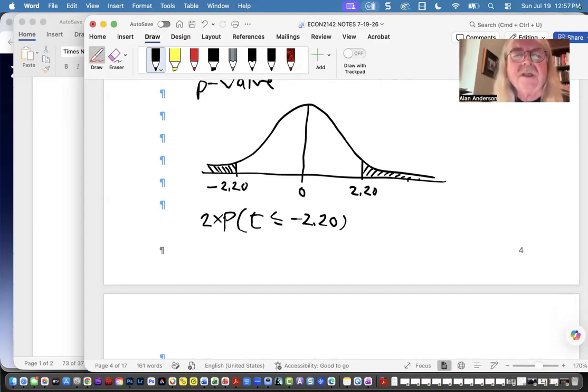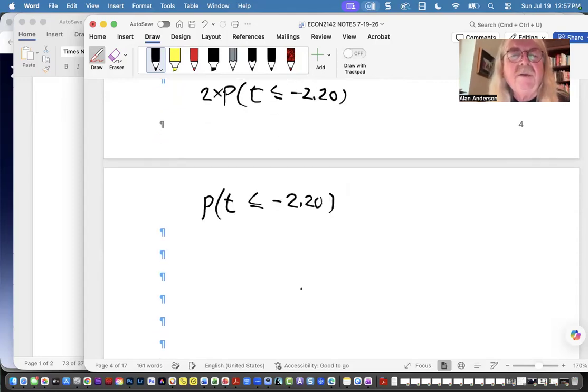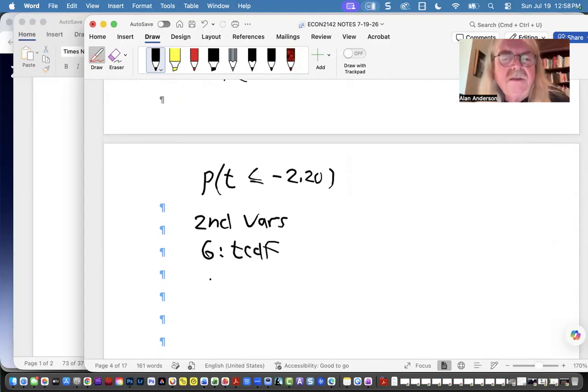Right. So we go to our calculator and we have second vars, 6, TCDF, and they need to know three things: lower limit, upper limit.